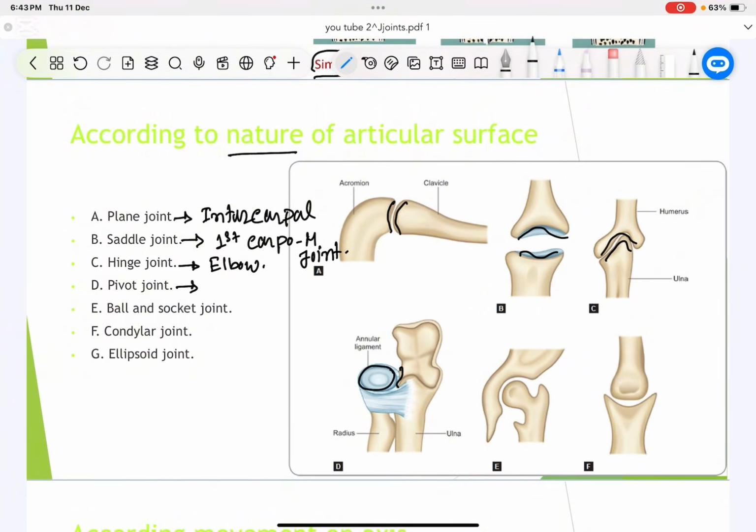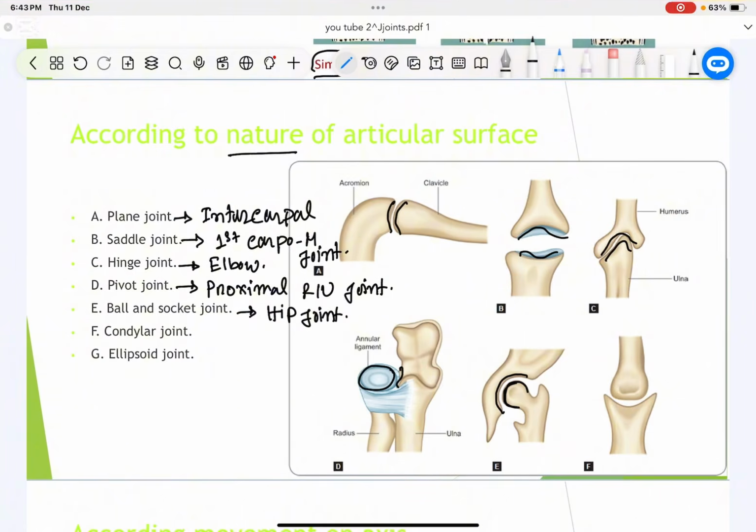So, give an example of pivot joint, we can say proximal or superior radio-ulnar joint. Then one surface acts as a ball, like globular, another acts as a socket. So, ball and socket variety of synovial joint. Here also we can give an example like hip joint.